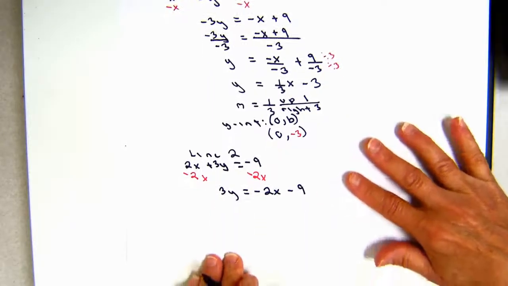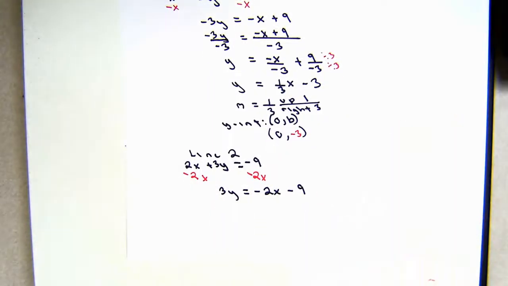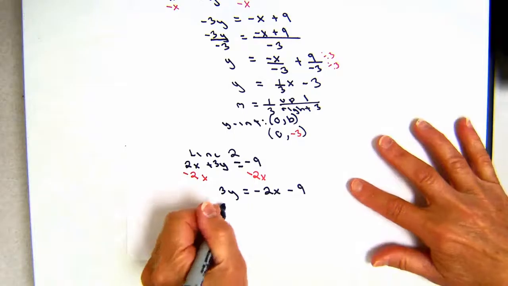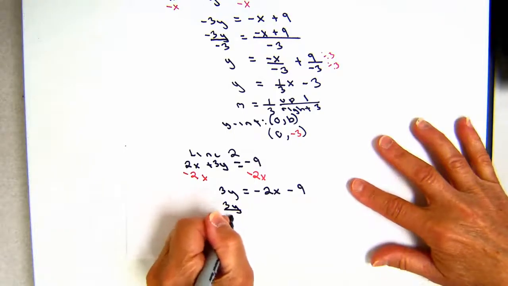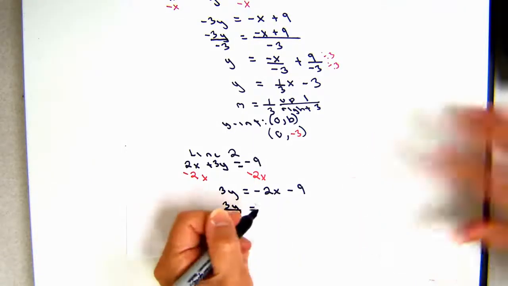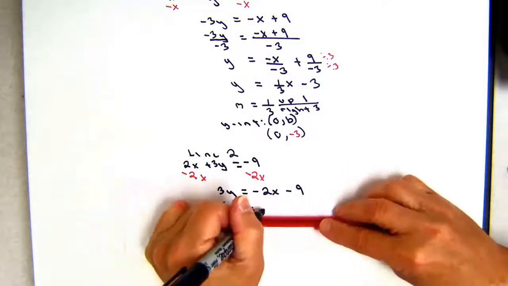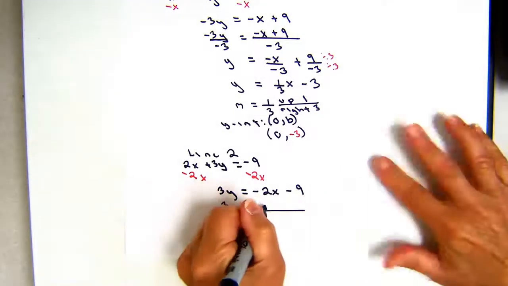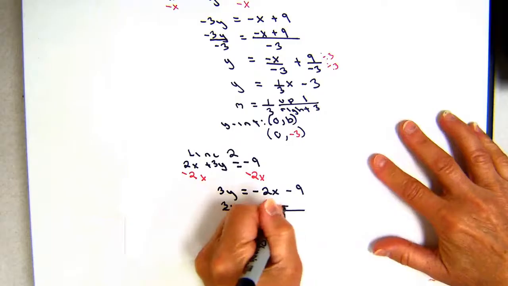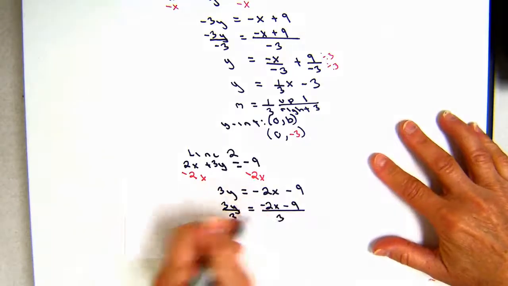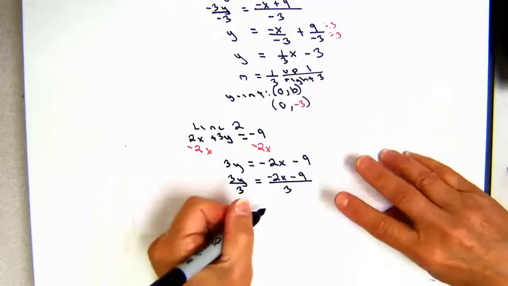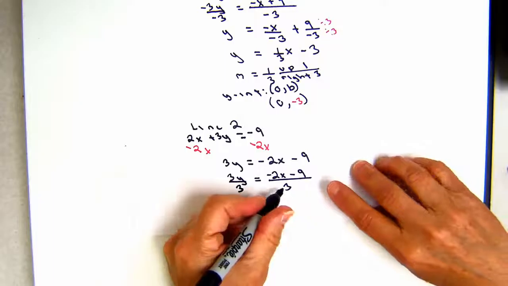I'm going to divide everything by the coefficient in front of y, which is positive 3. I'm going to divide the whole right side by positive 3: negative 2x minus 9 divided by positive 3. Well, with a monomial divisor, you've got to place that divisor underneath each term.